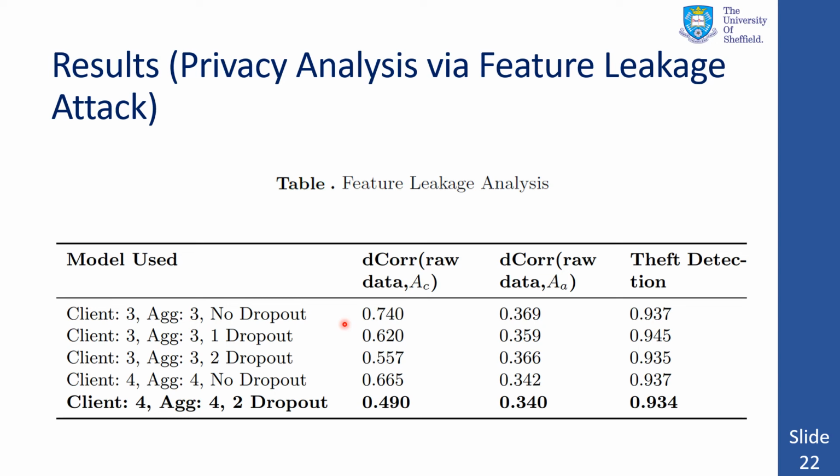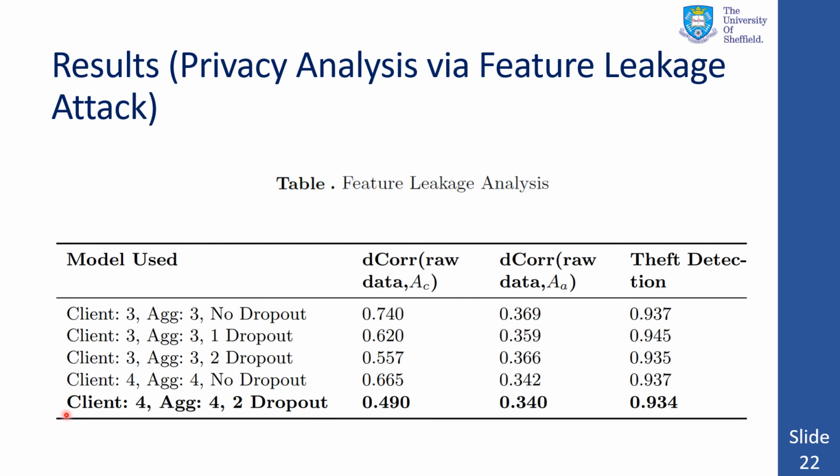So we needed to make sure that this number is lower. So we did some more experiments. We added more dropouts. As we add more dropouts, the distance correlation lowers. And when we add more layers at the client and the aggregator side, the distance correlation also lowers.